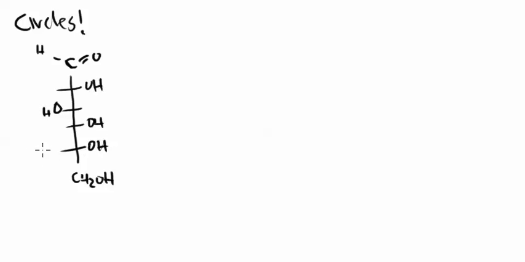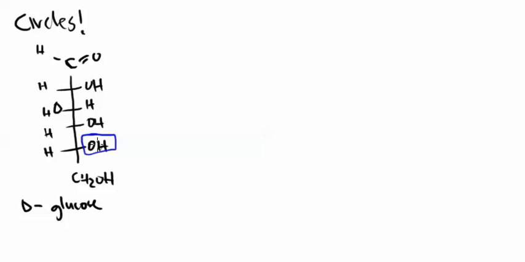So we know that this is the location of the OH groups themselves, the hydroxyl groups. And we've called this D-glucose because the last OH group is over to the right. So because of that, that is dextro, which is right-handed.